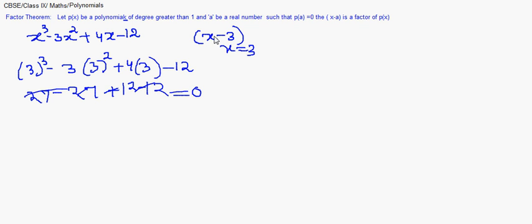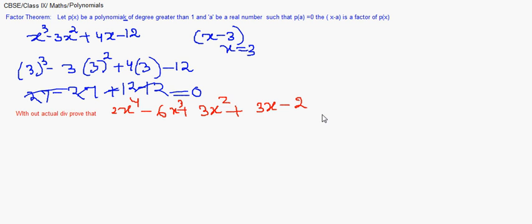Various applications we now need to take up. Without actual division, the question reads: we have to prove that 2x to the power 4 minus 6x to the power 3 plus 3x squared plus 3x minus 2 is exactly divisible by g(x).